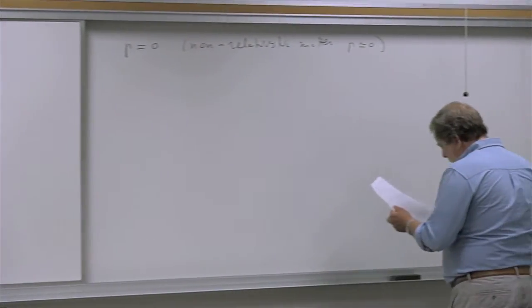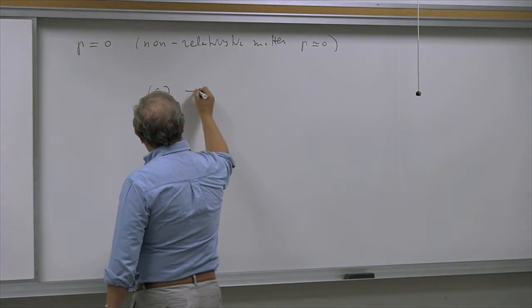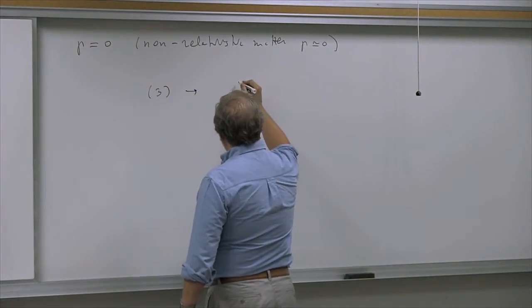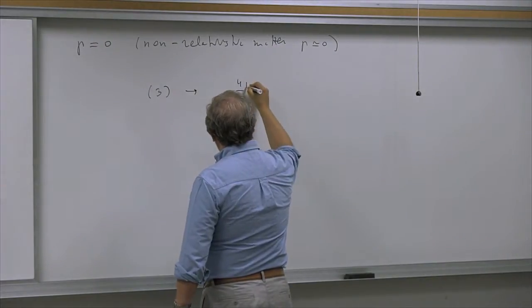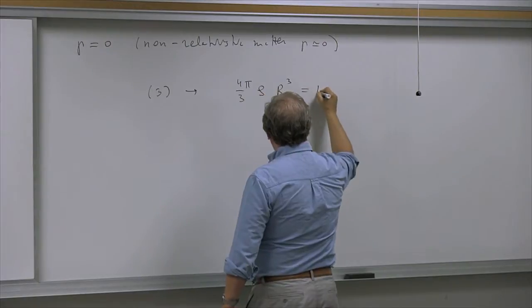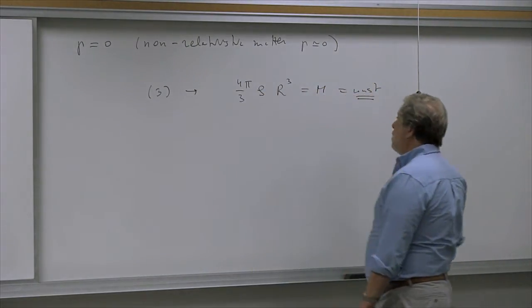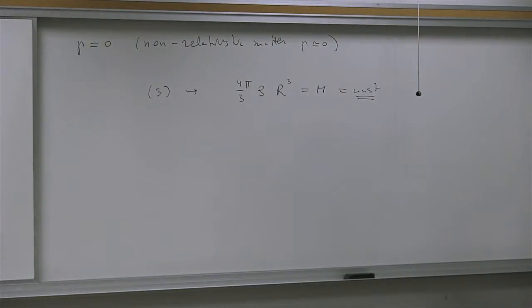And so that equation can be integrated immediately. And so equation 3 tells us that 4 pi over 3 times rho times r cubed is equal to M, is equal to some constant. So you can integrate the second equation.